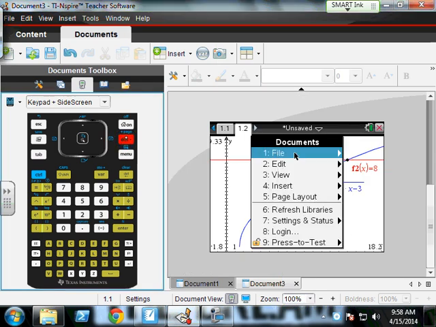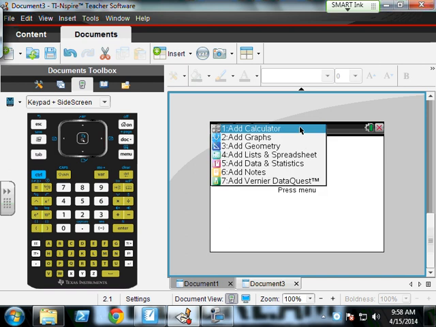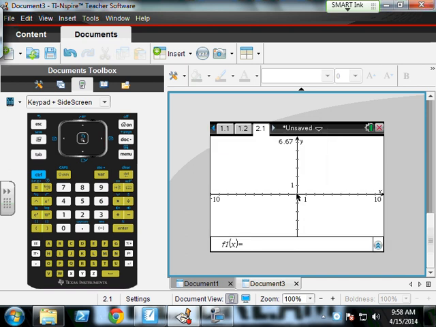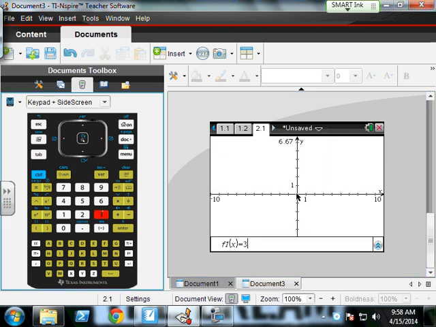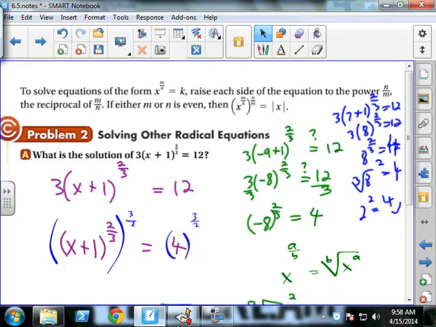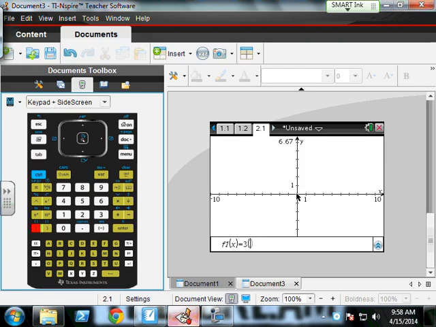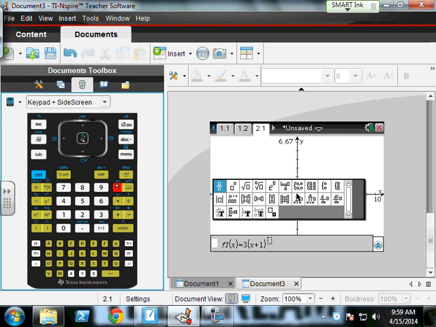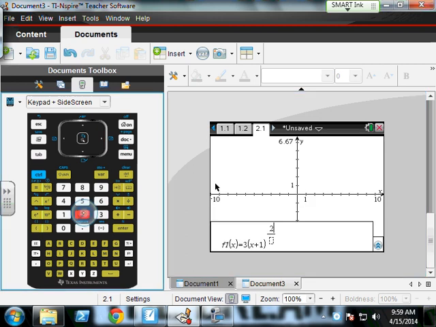So I'm going to go doc, and insert a new problem in a graph page. So I think I had 3 times the group of x plus 1, that quantity, to the fractional power of 2/3, and all that equaled 12.